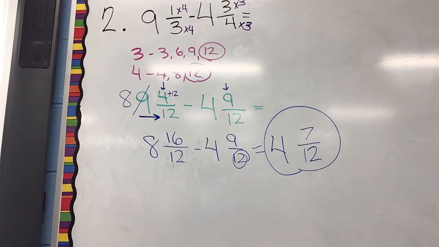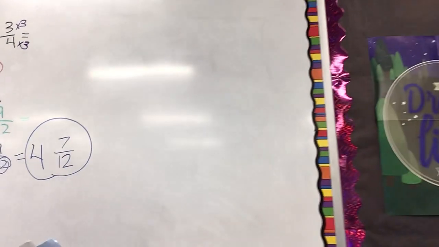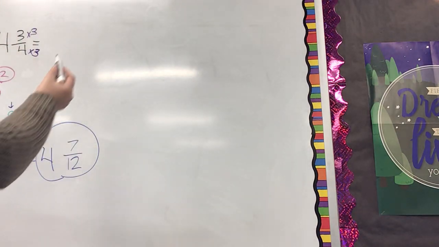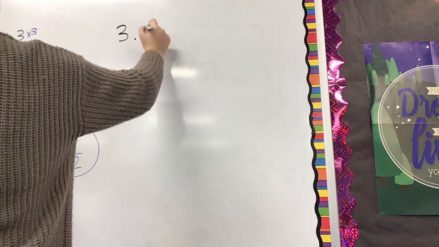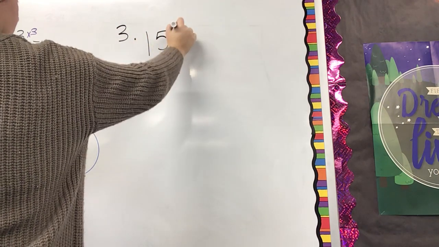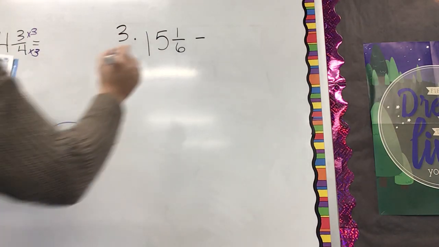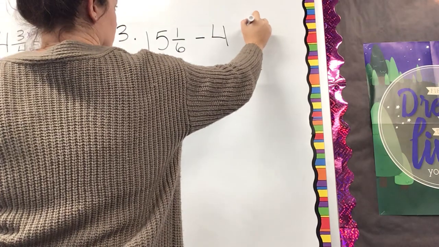And then one more for practice. I want you guys to see another one where you borrow. So number 3. 15 and 1/6 minus 4 and 3/8.